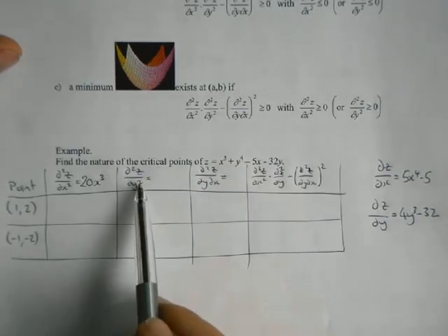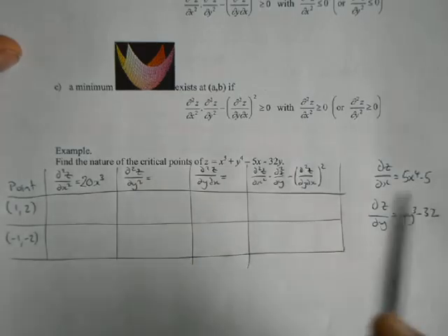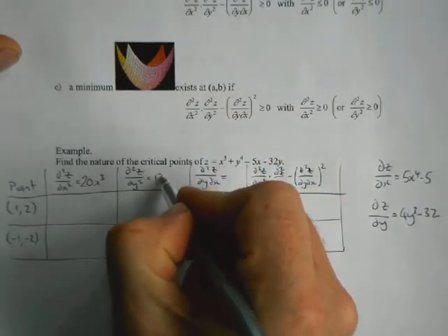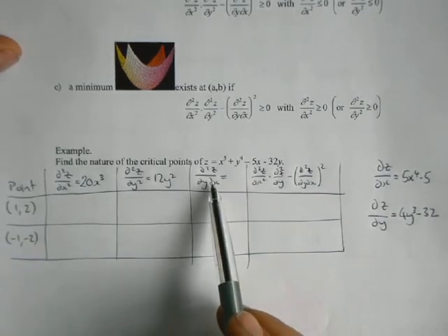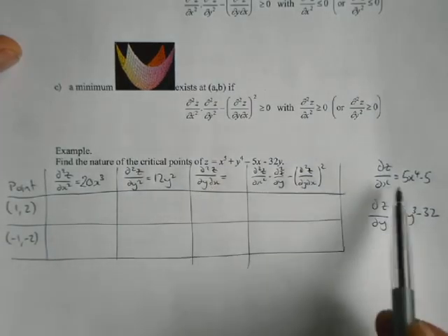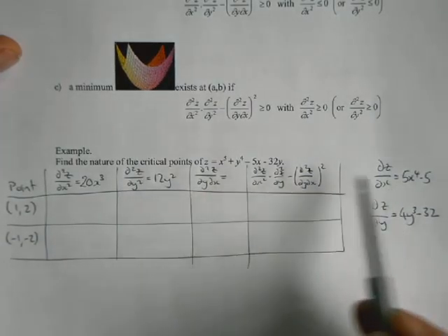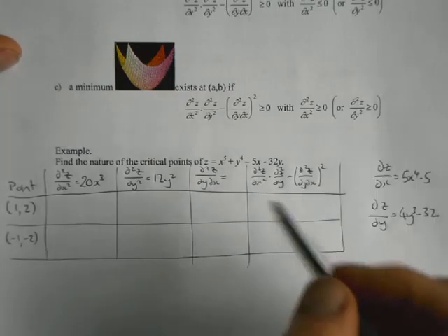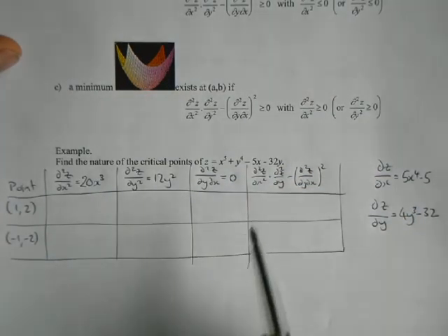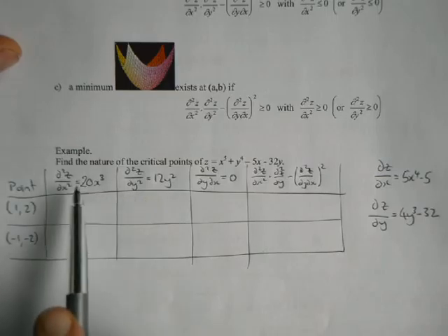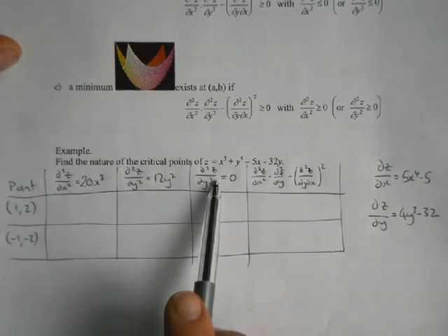And the second yy is this one with y again, so it's going to be 12y squared. And this is the mixed partial, so I've done the dx, I have to do that again with regards to y. There's no y's in this, this is just a constant, so it differentiates to 0. And then this one is going to be that one times that one minus that one squared.